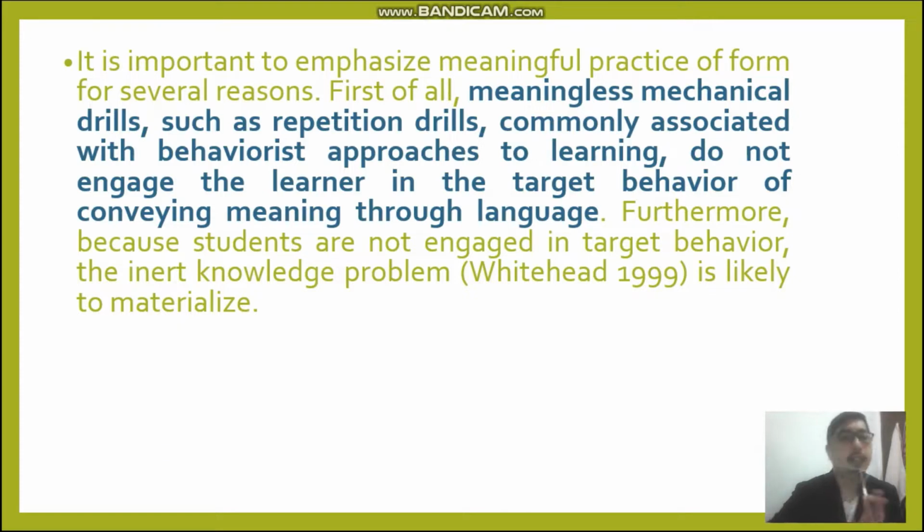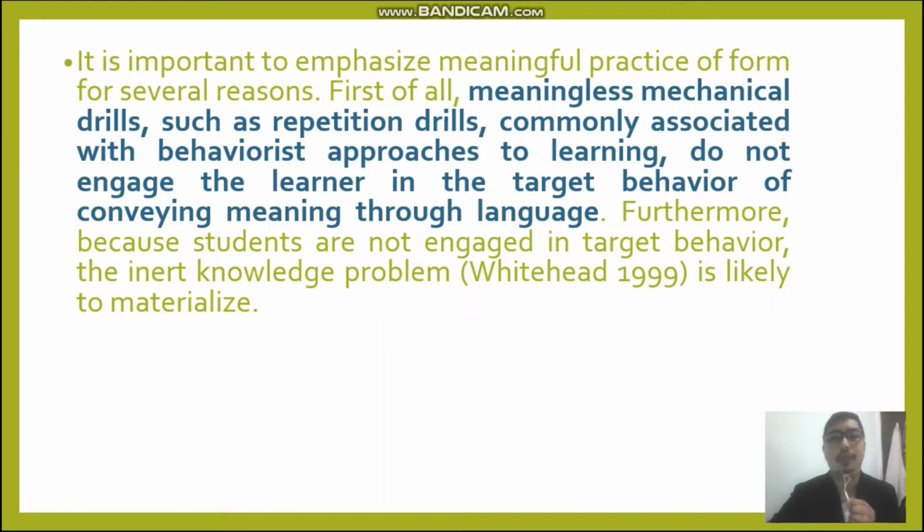Importantly, it's highlighted here that meaningless mechanical drills, if we would just give repetitions of the patterns to our students, would not really develop their grammatical skills.